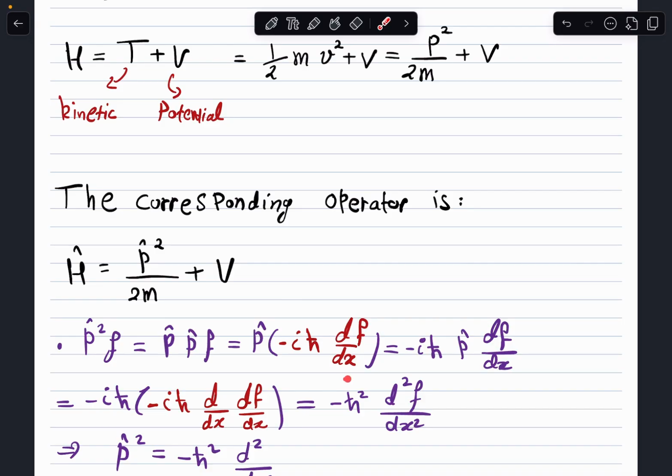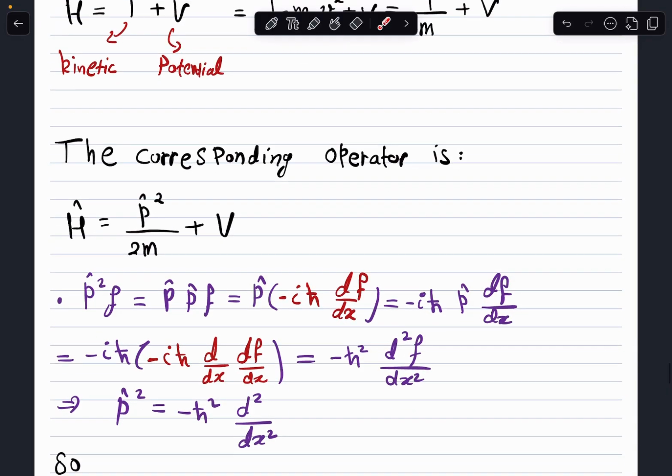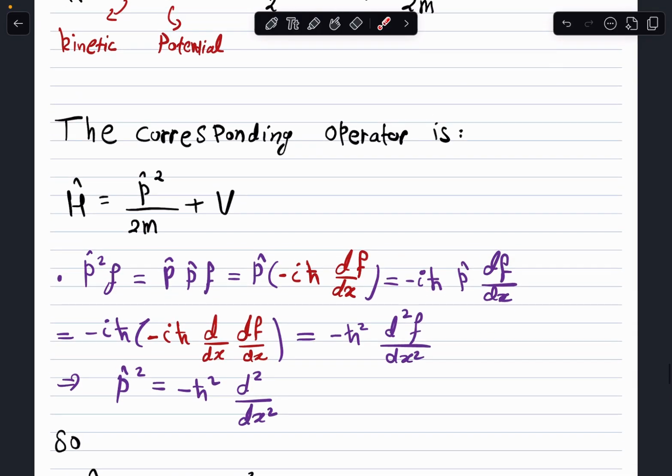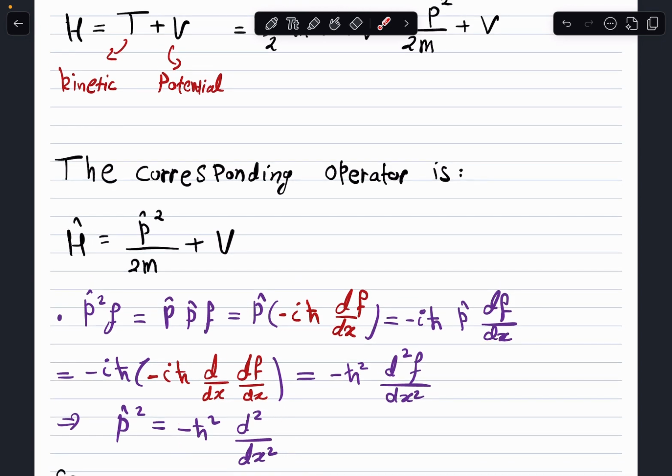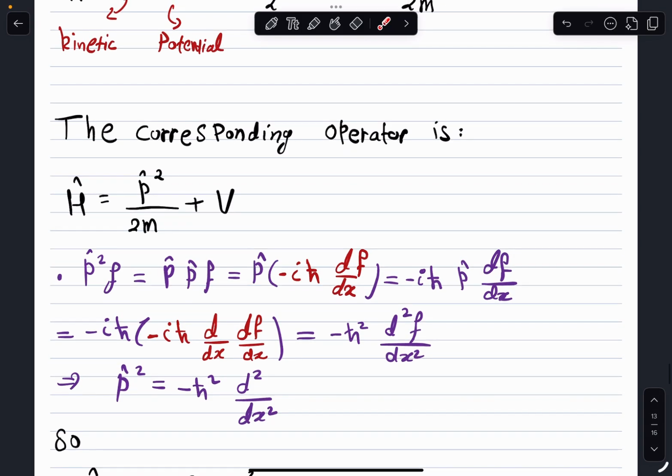So eventually we get minus h bar squared times the second derivative of the function. So p squared is minus h bar squared times the second derivative. So this is the momentum operator squared. It's very similar to the idea of applying the derivative operator twice.